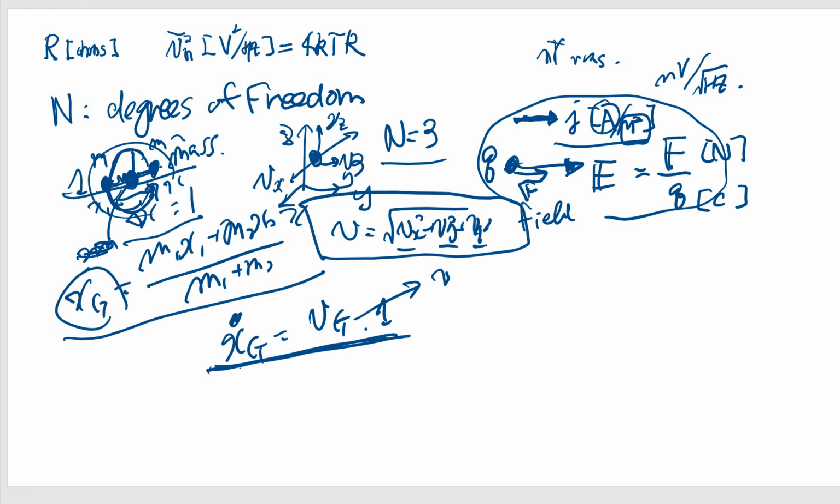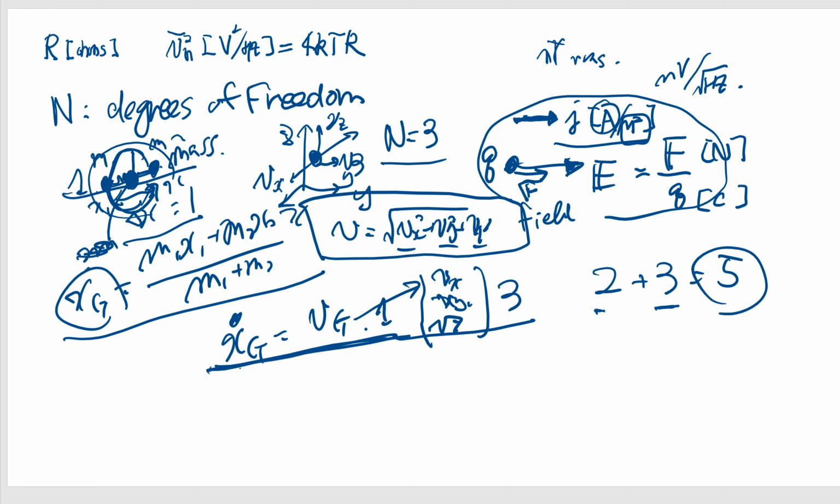Sorry, this is Vxg, Vyg, Vzg, a total of 3 degrees of freedom, and 2 plus 3 equals 5: rotation and vibration and velocity. So a molecule constituted of two particles has 5 degrees of freedom.